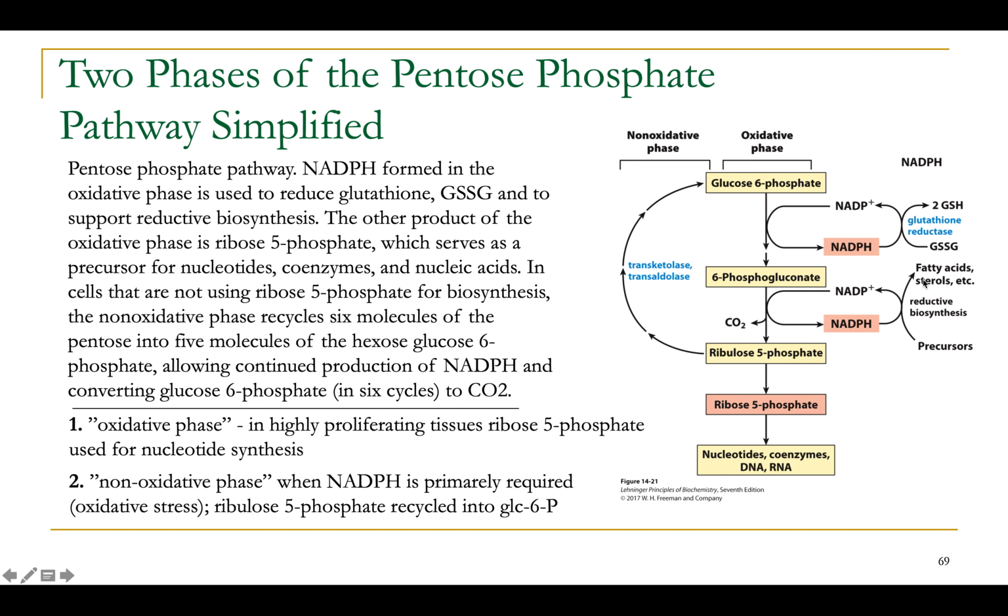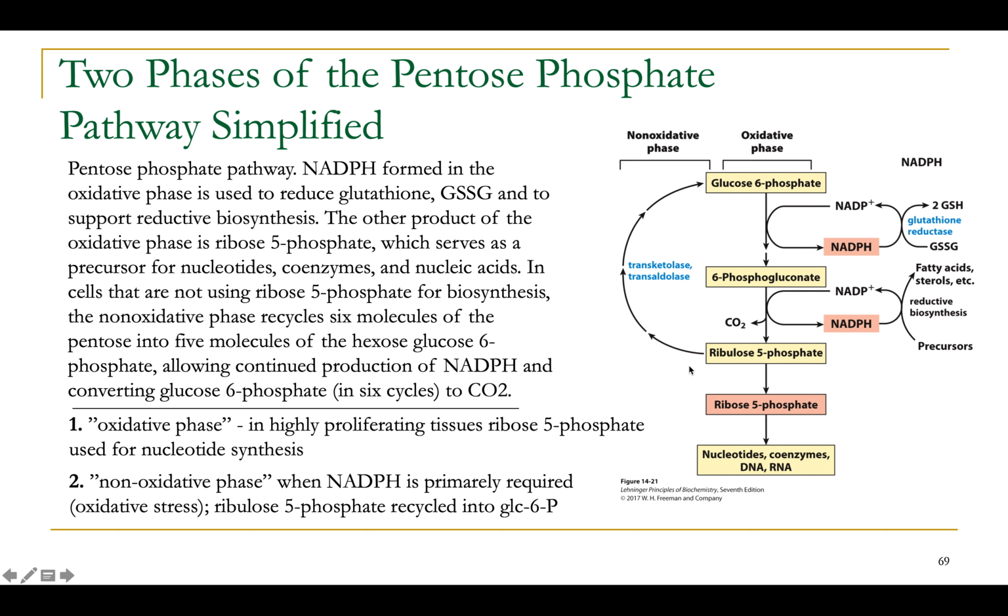So in this way, the cells which do not primarily need a lot of pentoses as biosynthetic precursors circularize this pathway, extending it with a non-oxidative phase.